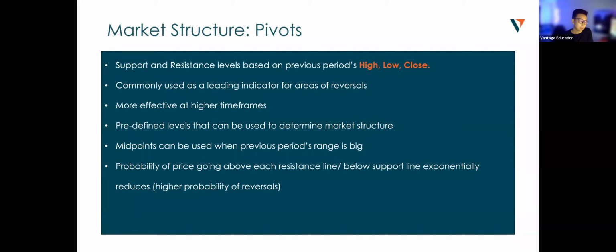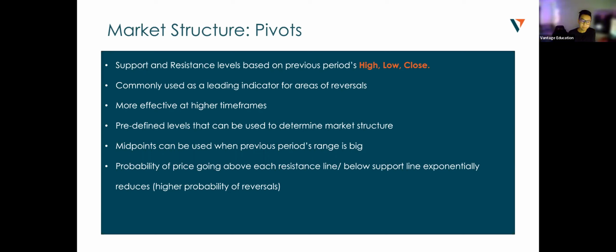Based on my own experience, it's more effective on the high time frames: the monthly, weekly, and daily, the 3 time frames that I usually use. As you move down lower to the 4 hours and 1 hour, there might be a lot of noise, and the pivot points might not be as effective. But you can still use them if you're going to scalp intraday. To a certain extent, they might still work, but it's better to use them on high time frames.